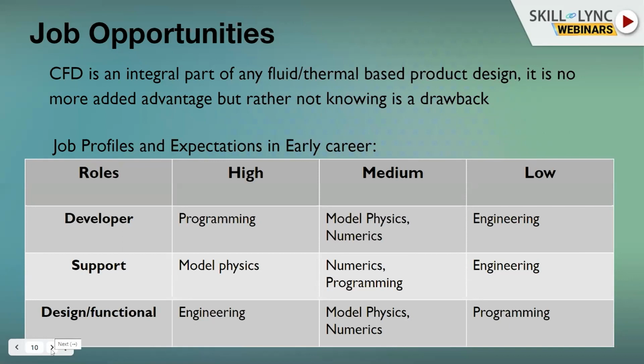So for both of the roles, the model physics is very important. It will be more focused on how good we are modeling the physics, or getting the results, how accurate, how to do that. And numerics becomes important, and programming is also important at the next level. But the programming is not the same as what a developer does. It's more like user-defined, supportive programming.